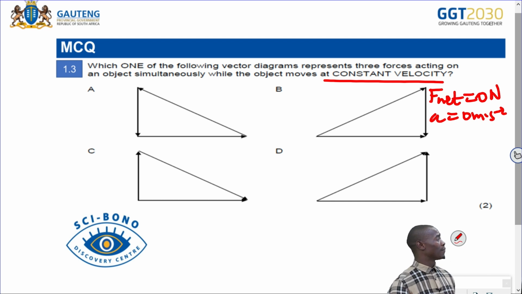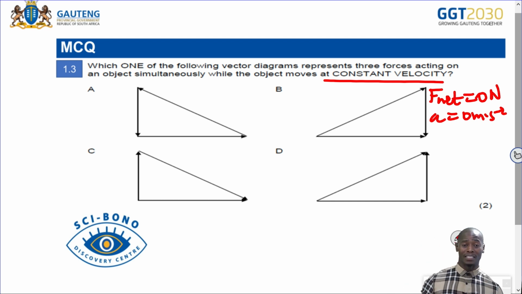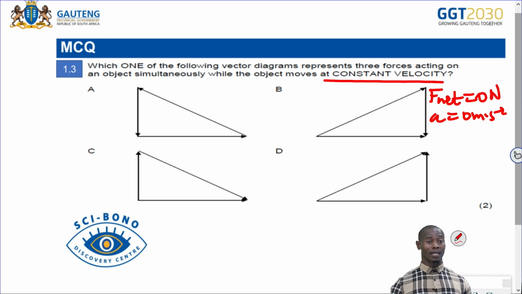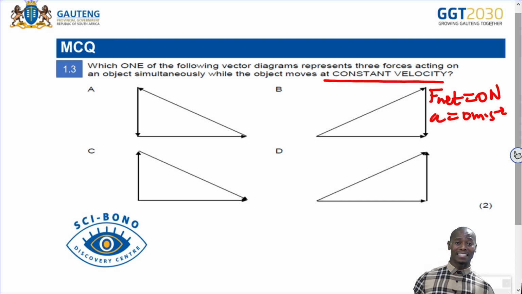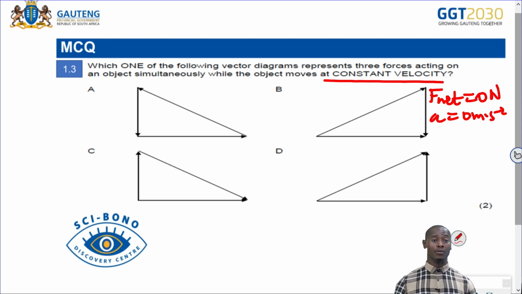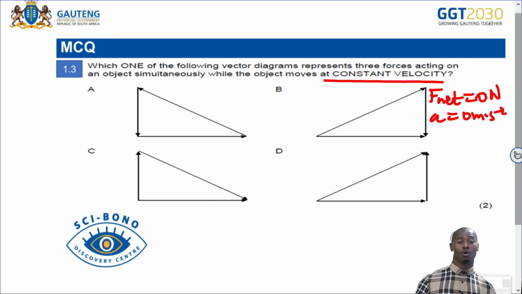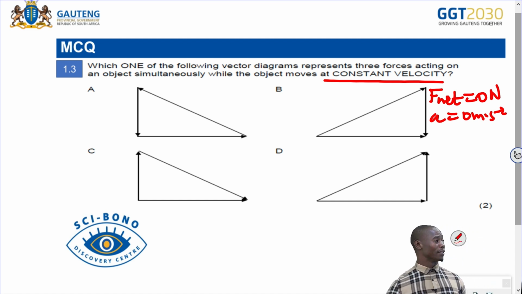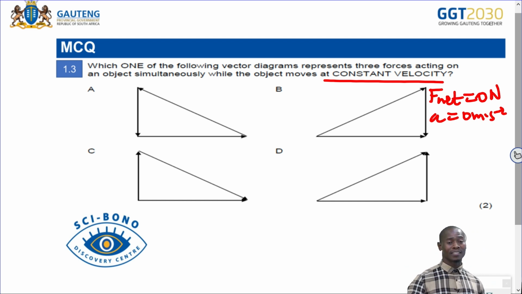If you check here, we did talk about finding the resultant force by scale drawing, where we used the tail-to-tail method and also the tail-to-head method. The forces drawn here are tail-to-head.